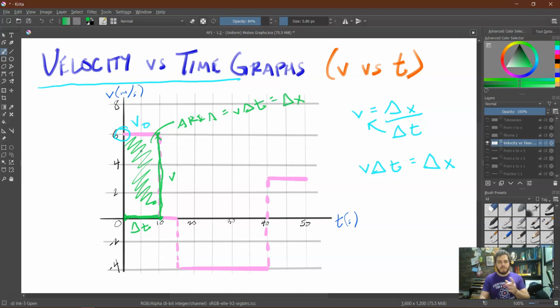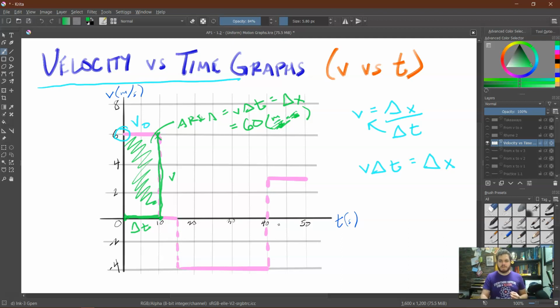And specifically, what would this area be? It would be 6 times 10, so it would be 60, and I had meters per second for the velocity, times seconds. So times seconds, I would get rid of that, 60 meters. Okay, well if I look in this section, there's not really much going on, we're just at rest.